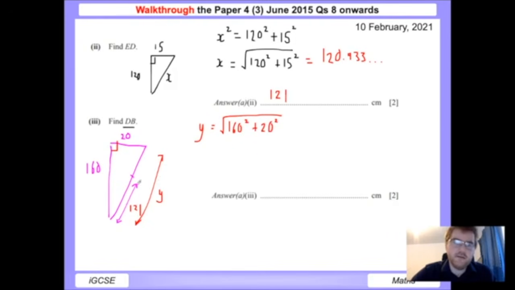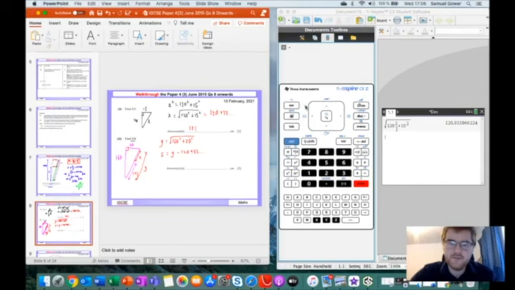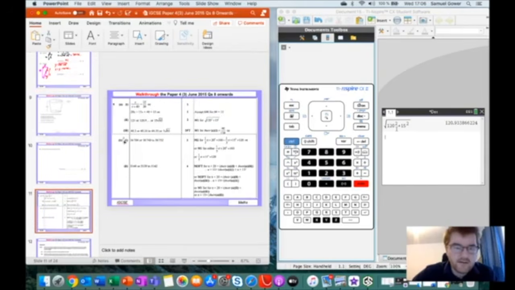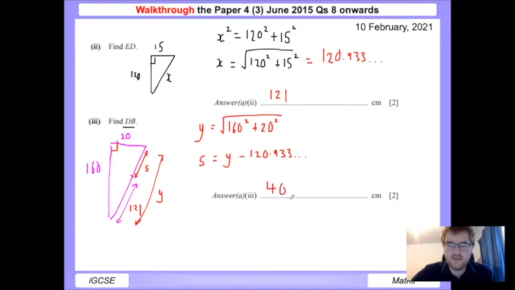Okay, and then to work out this length, call that s. s is going to be y minus 120.93 from before. I will just skip to the answer at this point. You do that calculation and get 40.3 to three significant figures.